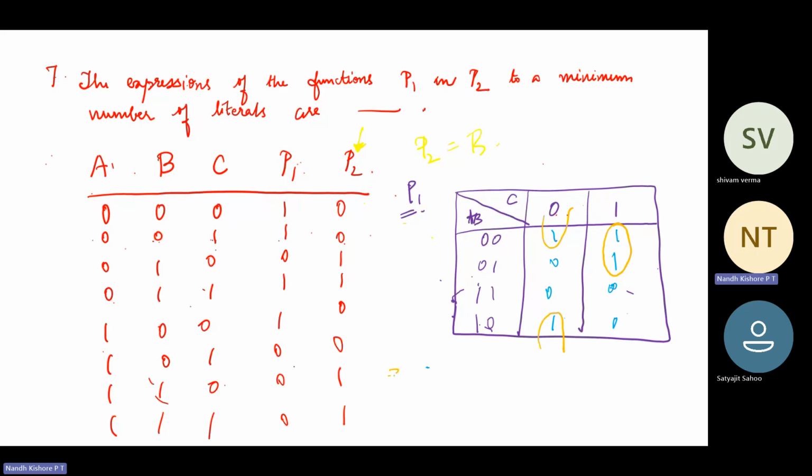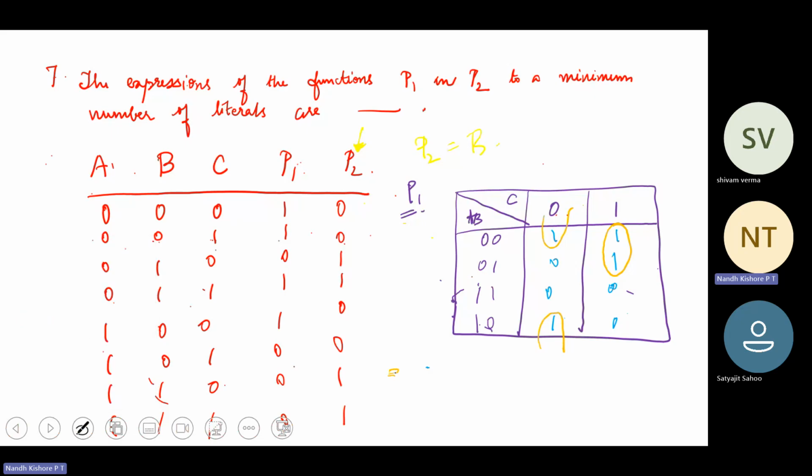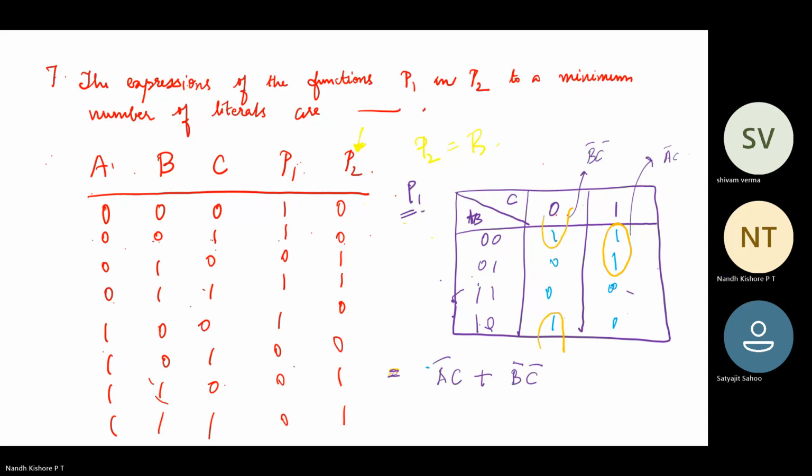So we'll be having two sum of products, which over here translates to A bar C plus B bar C bar. So this translates to B bar C bar and this translates to A bar C. Is this fine?